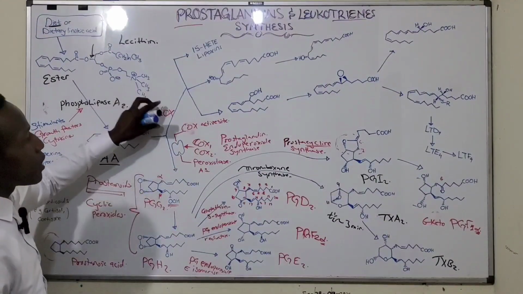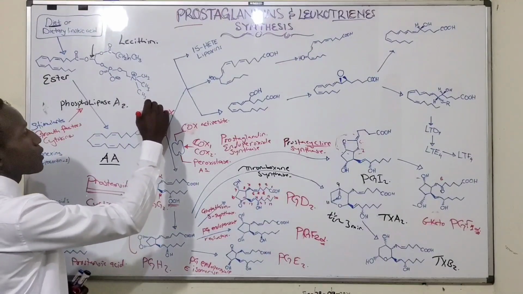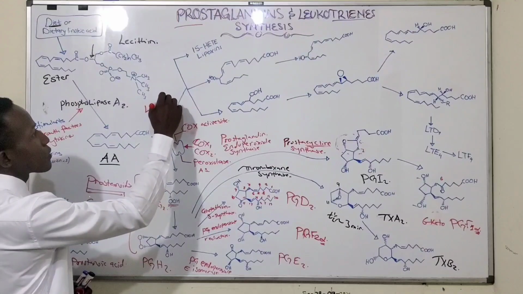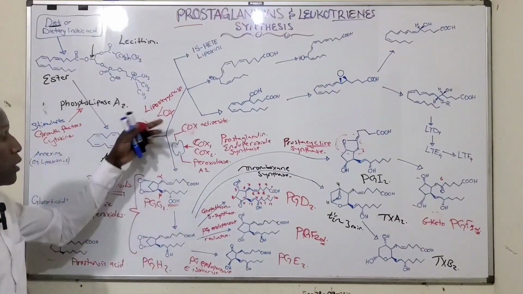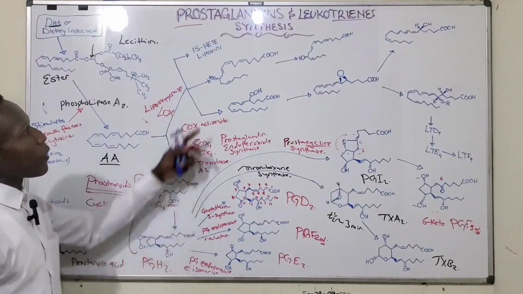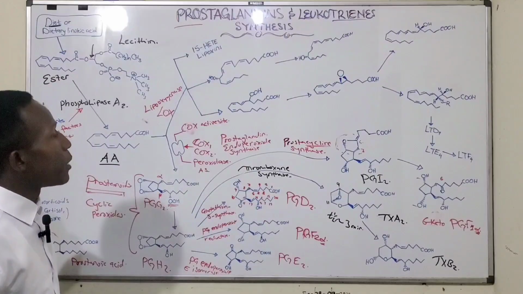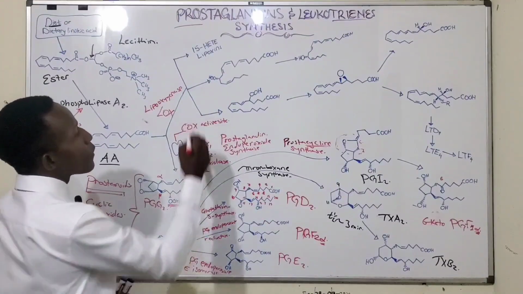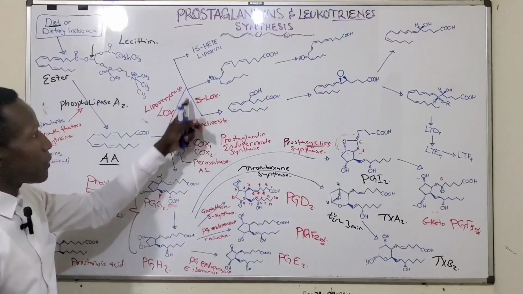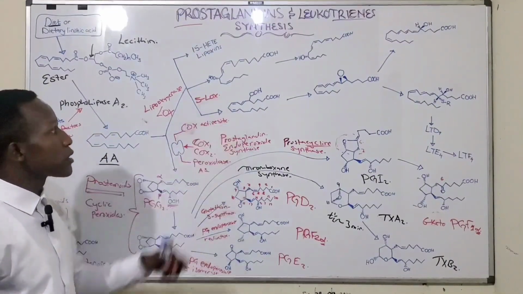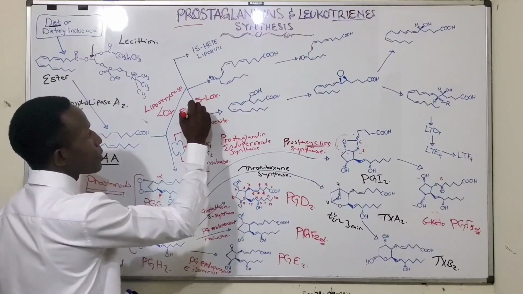Now when you go to the LOX, or lipoxygenase pathway, here we form the leukotrienes and other compounds with the help of 5-lipoxygenase, in the presence of the protein known as FLAP.